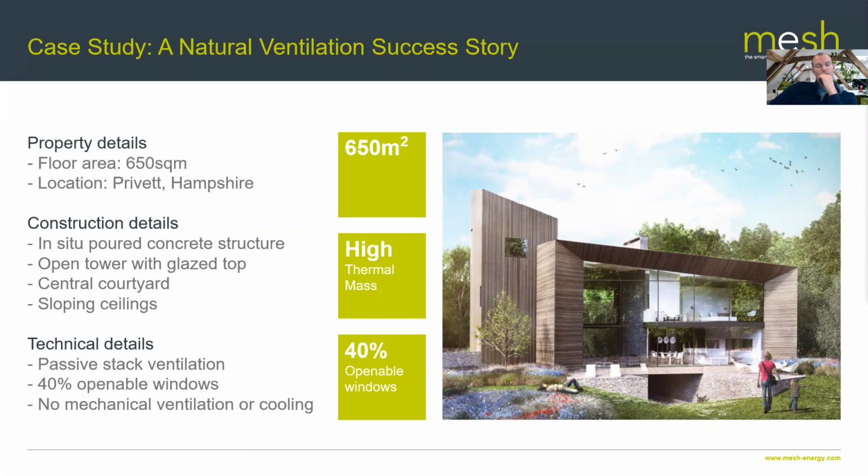And the architects, particularly here, did have natural ventilation at the core of their design. And as you can see here, and we'll talk a bit more about this, we've got this kind of tower structure. Although this was a CGI, it was built slightly differently. It actually went up higher, had a square top, and actually had a study at the very top.